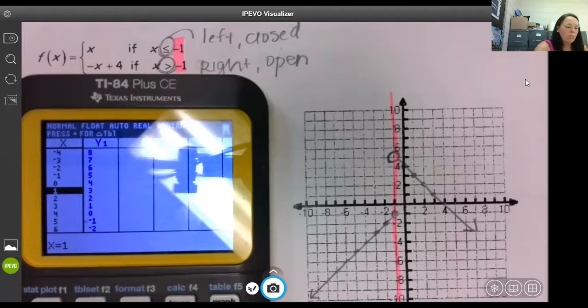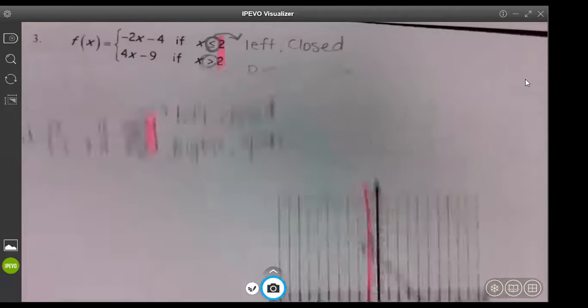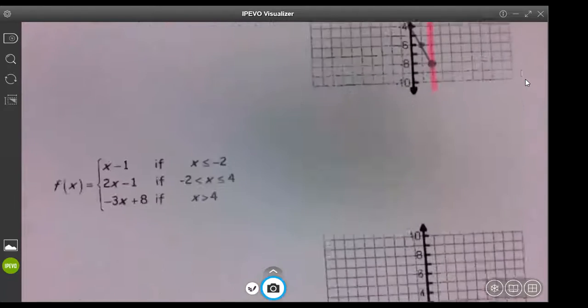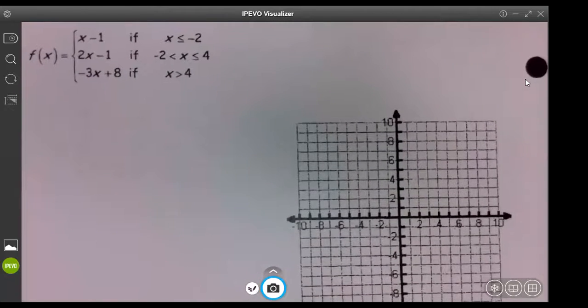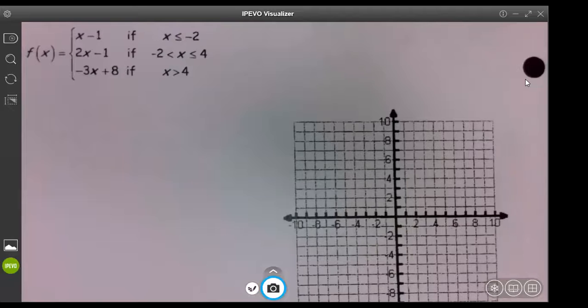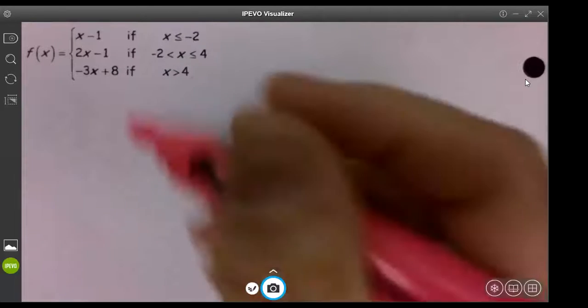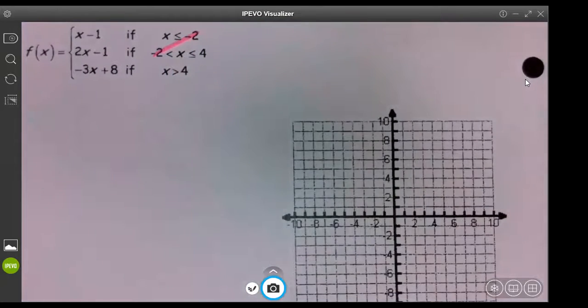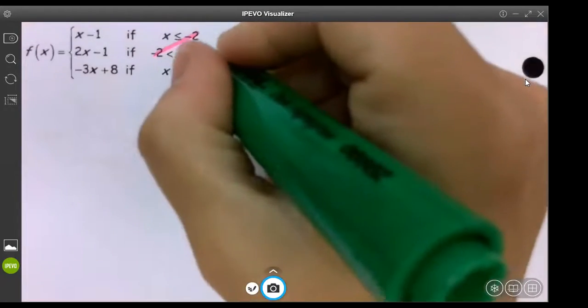All right. Now we're going to go back to the one I skipped. And we're going to talk about what happens when we have 3 functions. So if you guys look, it just gives you 2 boundaries this time. Just like we did before, we have -2 and a +4.